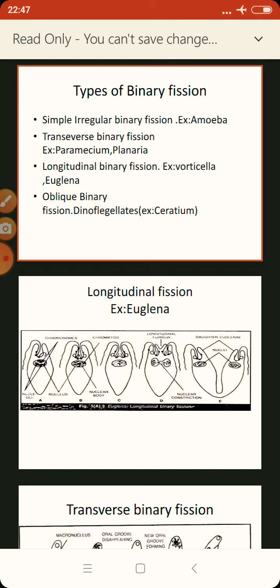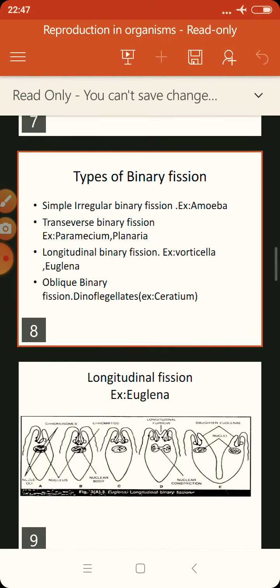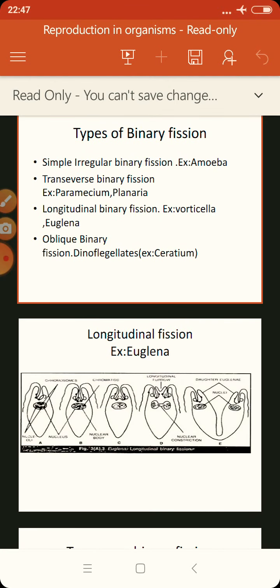In these two organisms, the plane of the division runs along the transverse axis of the individual. We call it transverse section when we try to divide it transversely. Here we say that in Paramecium, the macronucleus divides by amitosis and the micronucleus divides by mitosis.